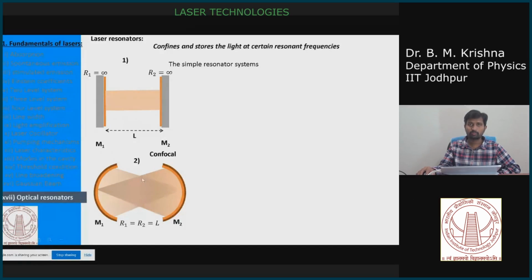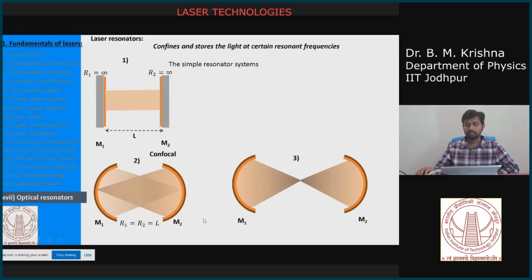Individual focus will be different, but when you consider the system, the resonator focus is at the center. So the focus is shared by the two mirrors, and the shared focus is at the center. That kind of configuration you call a confocal configuration.